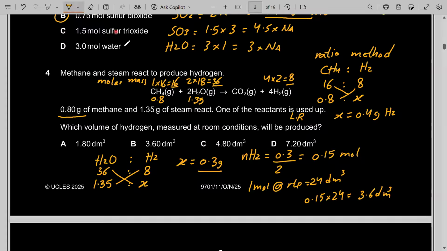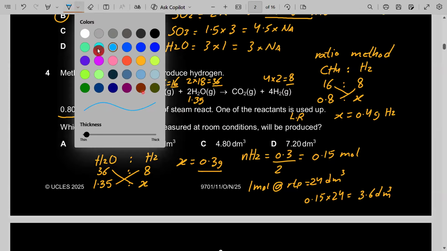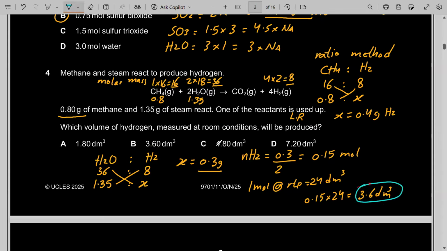So 3.6 is a correct option. B is a correct answer.